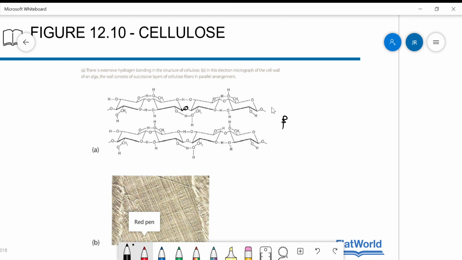So we have beta anomers here that are not readily digestible by you and I, but are readily digestible by termites and other insects that can digest wood. So this becomes a source of fiber for you and I, a source of fun and pleasure for a termite, and nutrition.